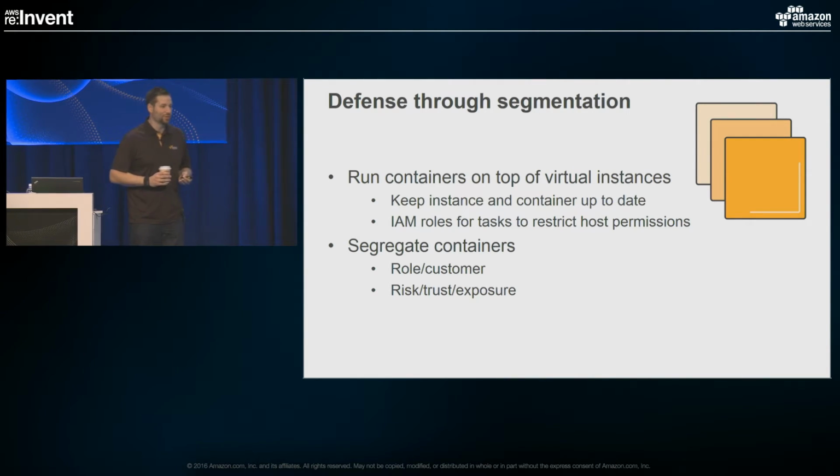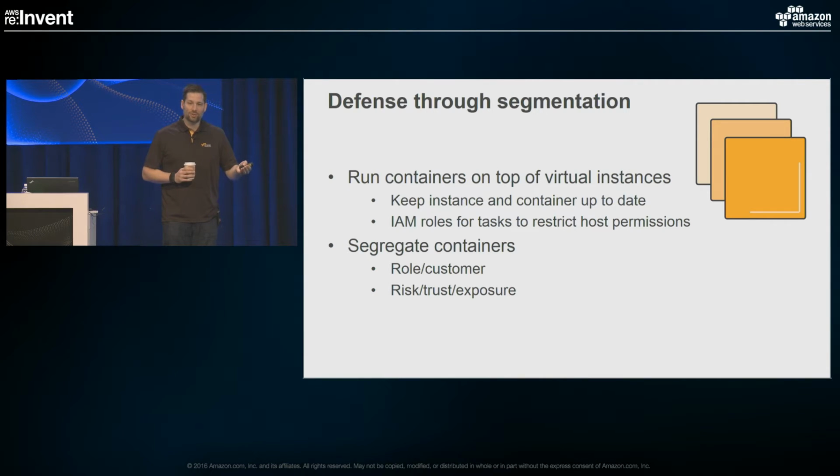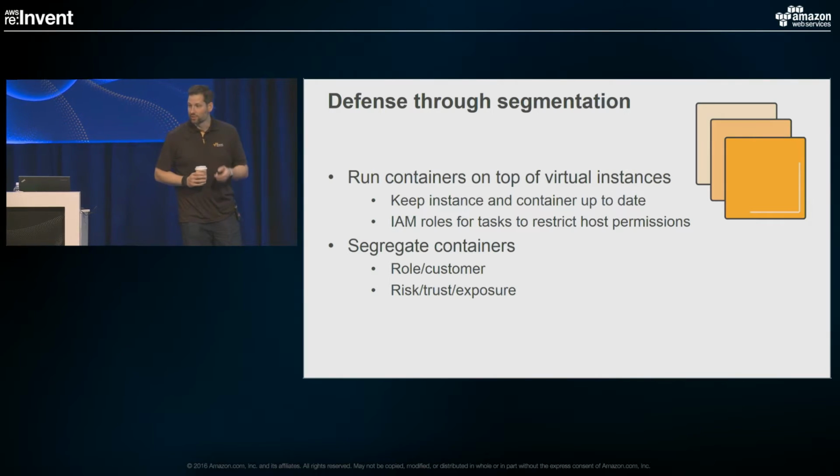A lot of people tend to forget that they're running on an operating system, and also they tend to forget that they have to change the files in the actual containers. You can either do it yourself, or you can use one of the third-party apps out there to scan your container instances. Use IAM roles for tasks. We're going to talk about that later. Michael's going to cover that.